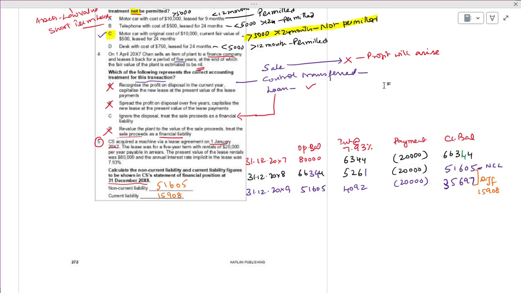We were taking the non-current liability and directly the current liability. We are not minusing. In financial instruments, the current portion is what we are going to pay in the next 12 months. Here the rule is changing. Financial instruments rule is the next 12 months.